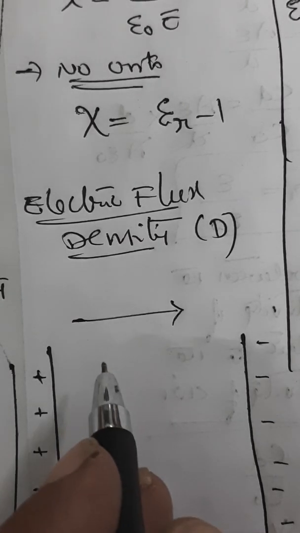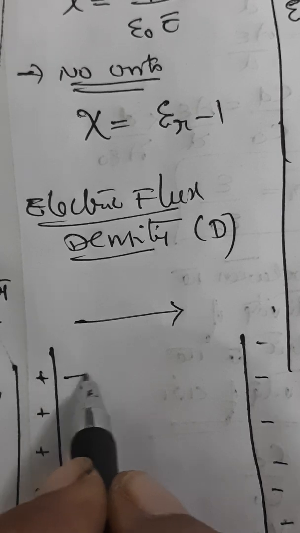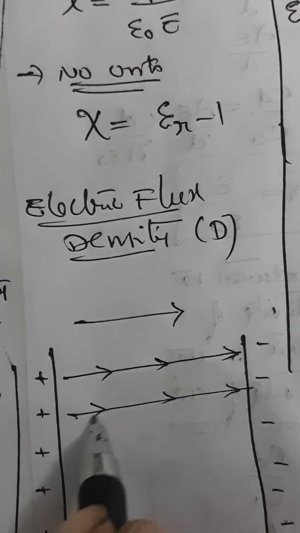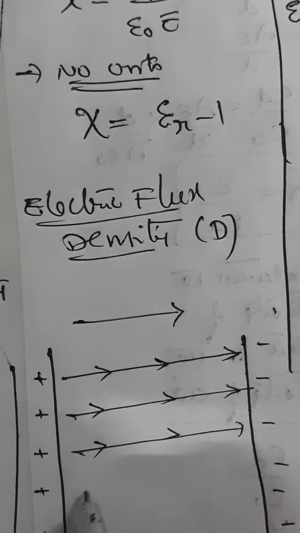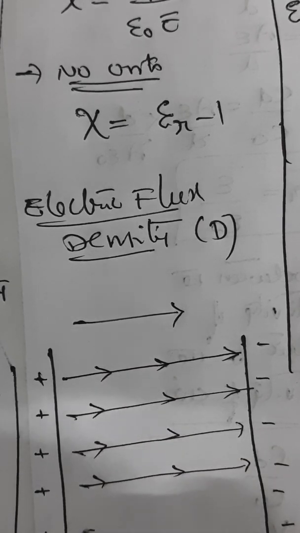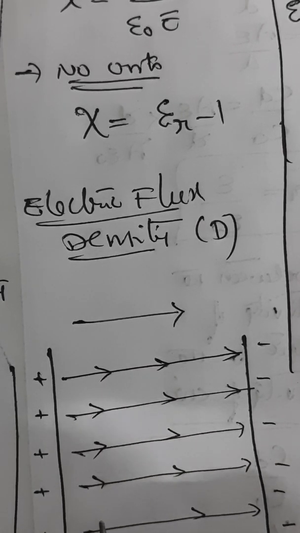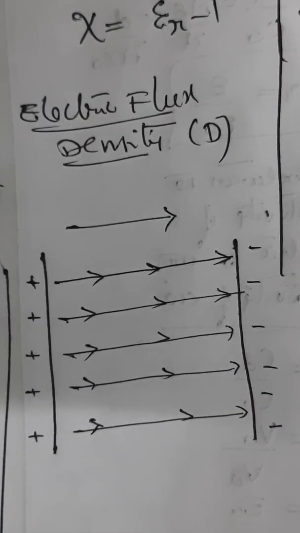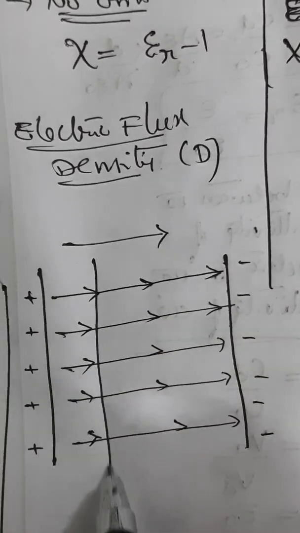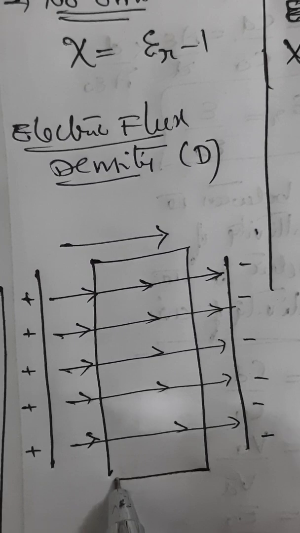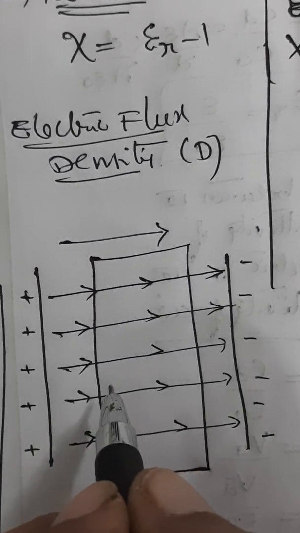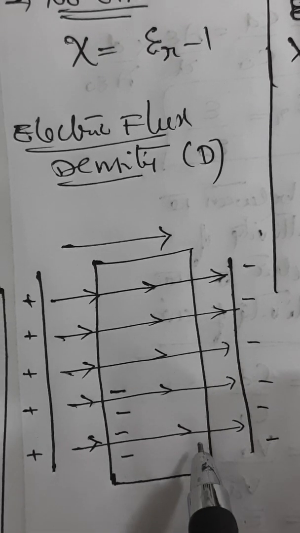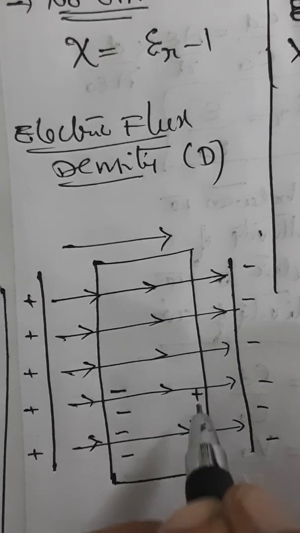The field is characterized by lines of force, just like in magnetism. I am saying a polarized dielectric. Therefore, within the dielectric, you have some induced negative charges nearer to this plate. Here there are induced positive charges.